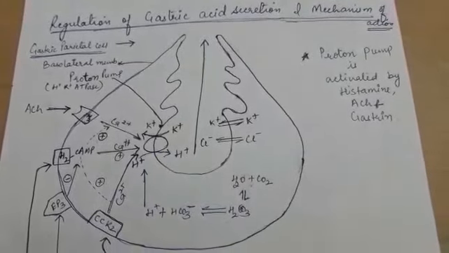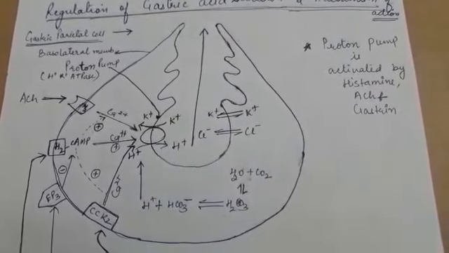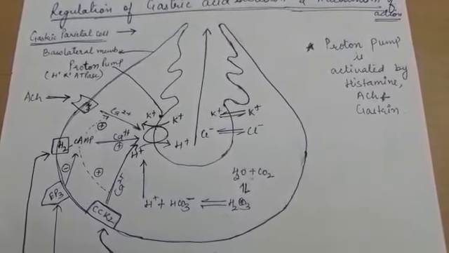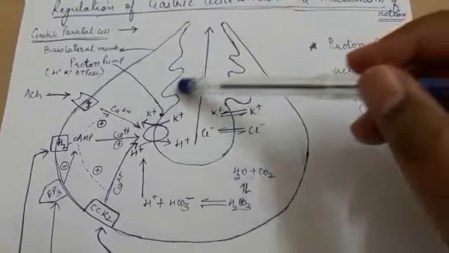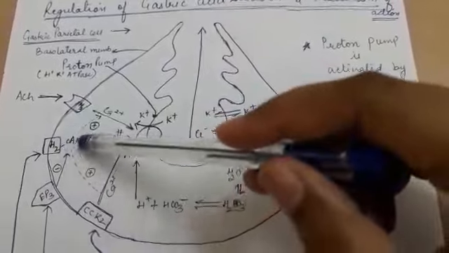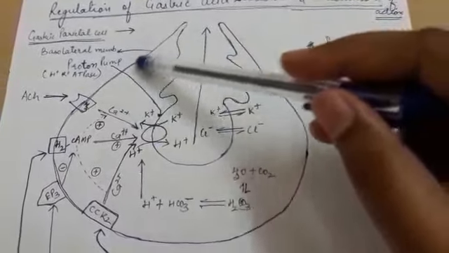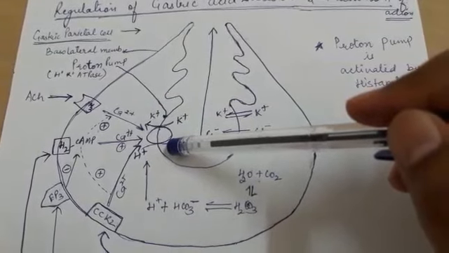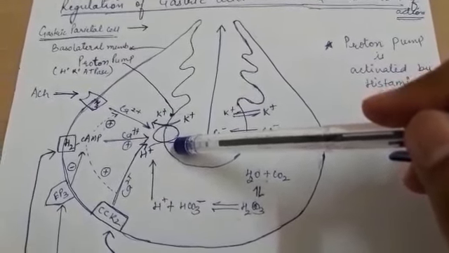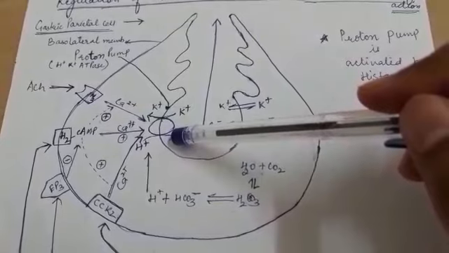In this picture you can see this cell is the gastric parietal cell. In the gastric parietal cell, this is the apical membrane and this is the basolateral membrane. On the apical membrane there is a proton pump, or you can say hydrogen potassium ATPase pump.